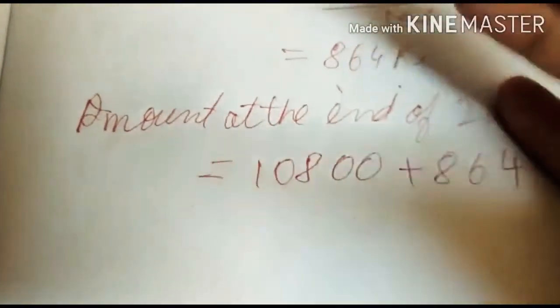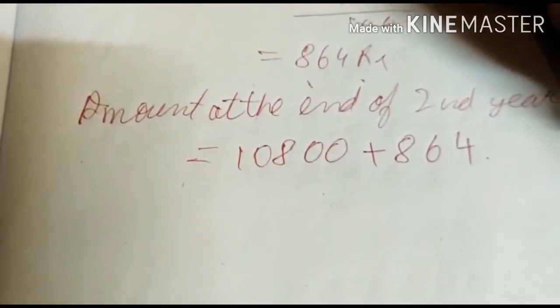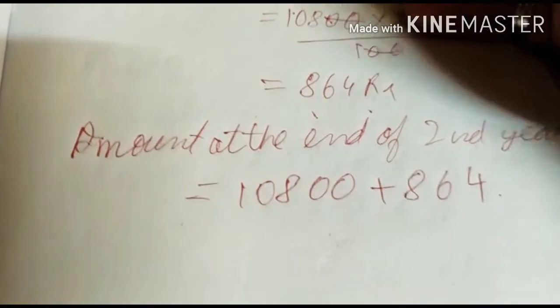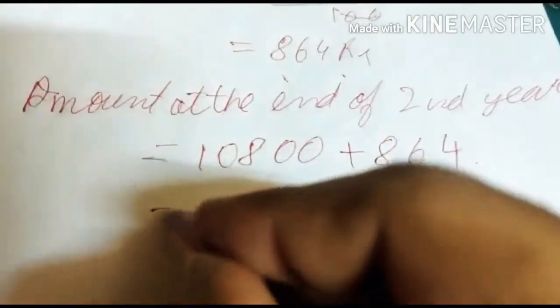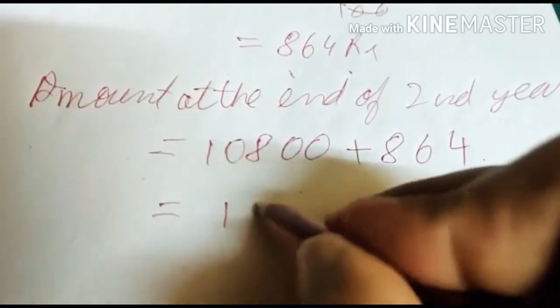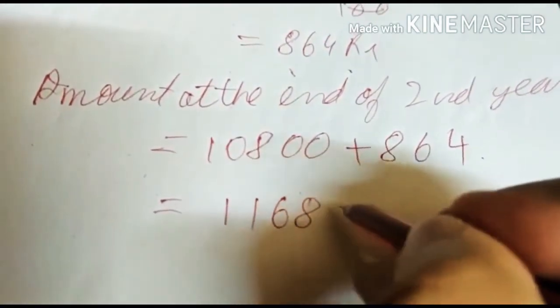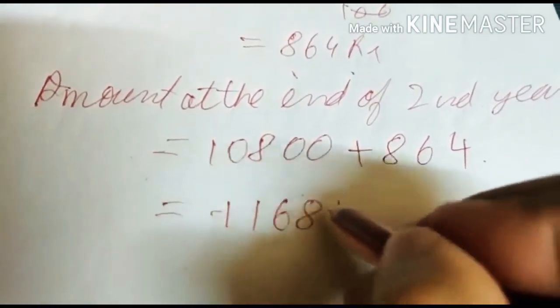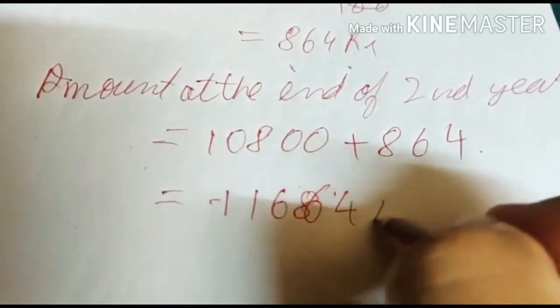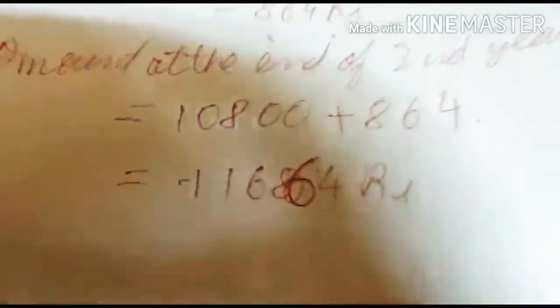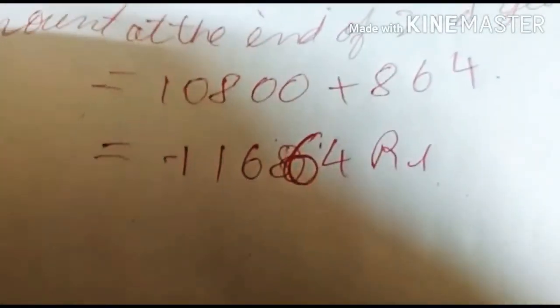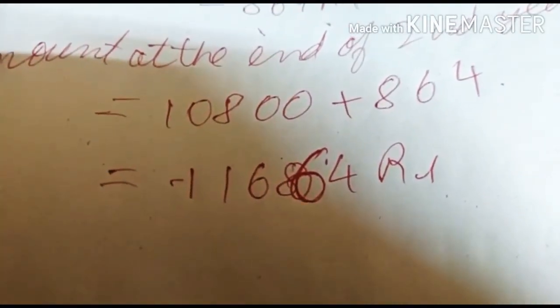Like at the end of the first year our principal had become 10,800, and now 864 interest more has been added. So by the end of the second year we have to pay back 11,664 rupees. This was the amount we had to return at the end of the second year.